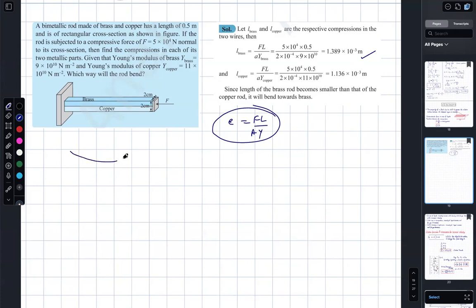In fact, it will bend like this. Why? This length is less than this length. So therefore, it will bend on the brass side when compared to copper. It's a very good question. You should not miss it. Next question.